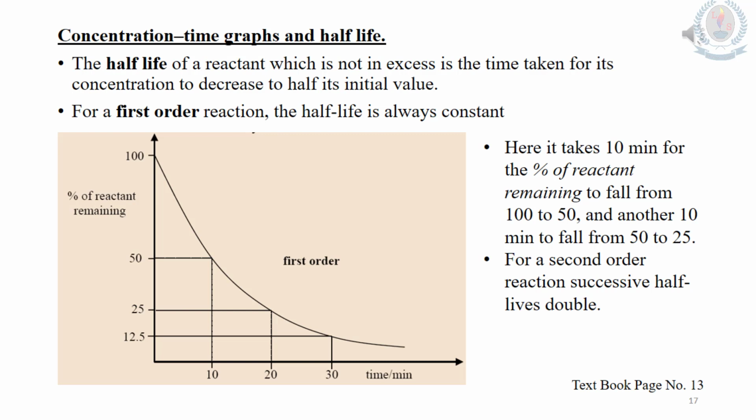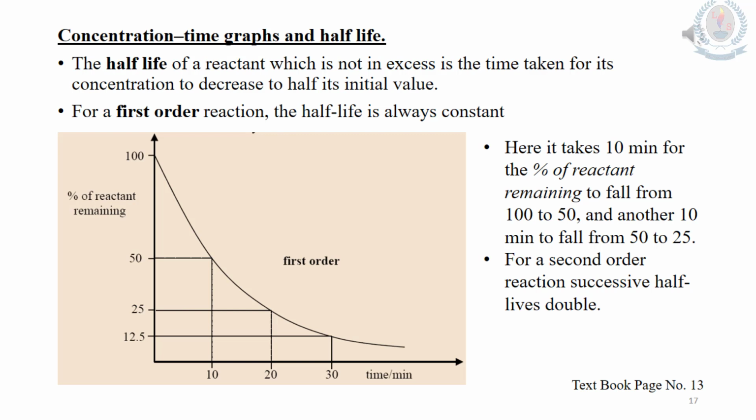If we consider there are 100 moles at the beginning, the time in which the substance becomes 50 is called the half-life. Or we can say the concentration is decreasing to half from its initial value. For a first order reaction, this half-life is always constant.